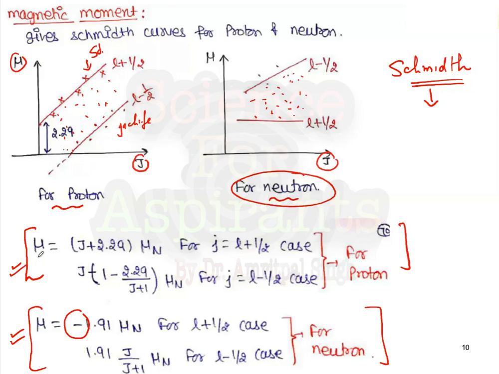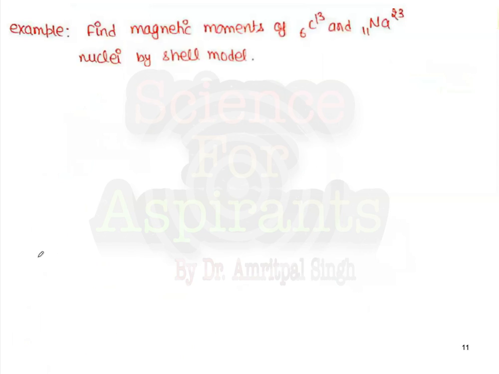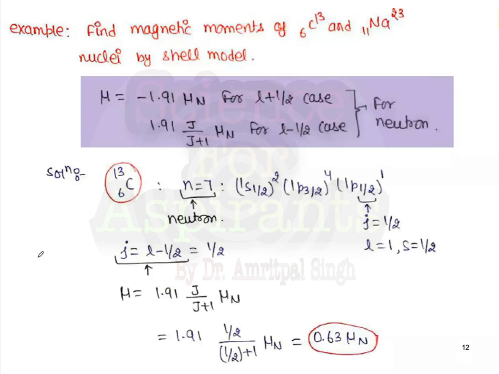Let us try to find the magnetic moment of these two nuclei, carbon and sodium, using the nuclear shell model. In carbon, there are 6 protons and 7 neutrons. Since the proton number is even, it is completely paired up, so we will not consider it in the magnetic moment.